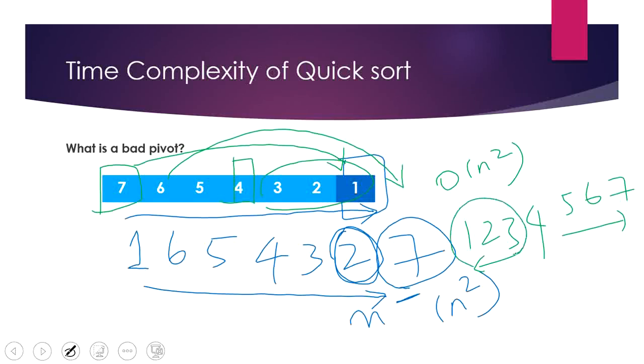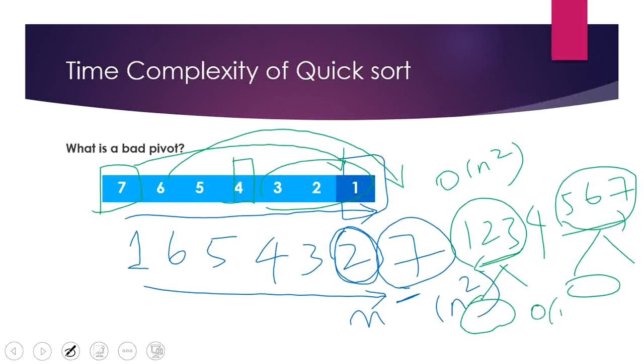Or it may be in a different order, but it places every time. So again, it further divides and sorts quickly. If we choose a good pivot, it is going to execute in big O of n log n for the same given example. So choosing the pivot is based on where we implement the quicksort.